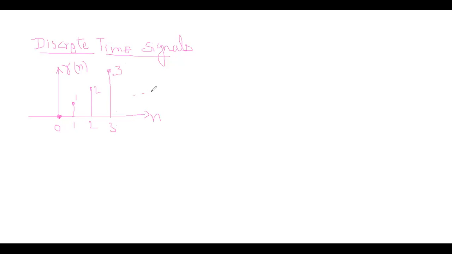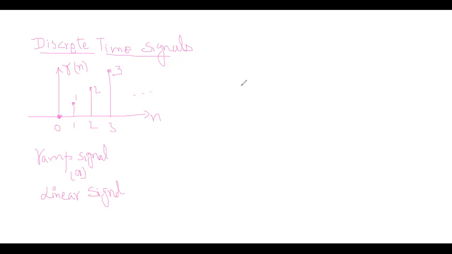As n increases, r of n also increases linearly. The ramp signal we can call a ramp signal, or also a linear signal.